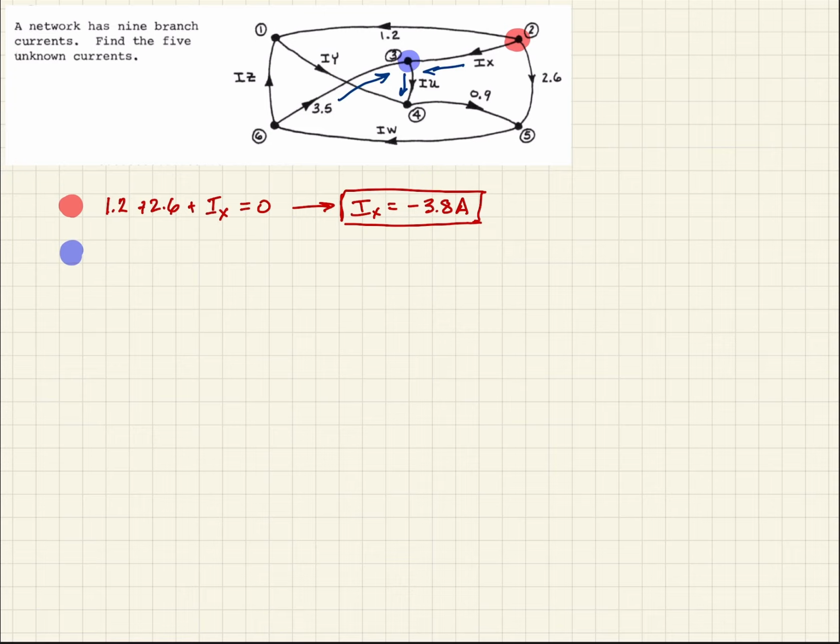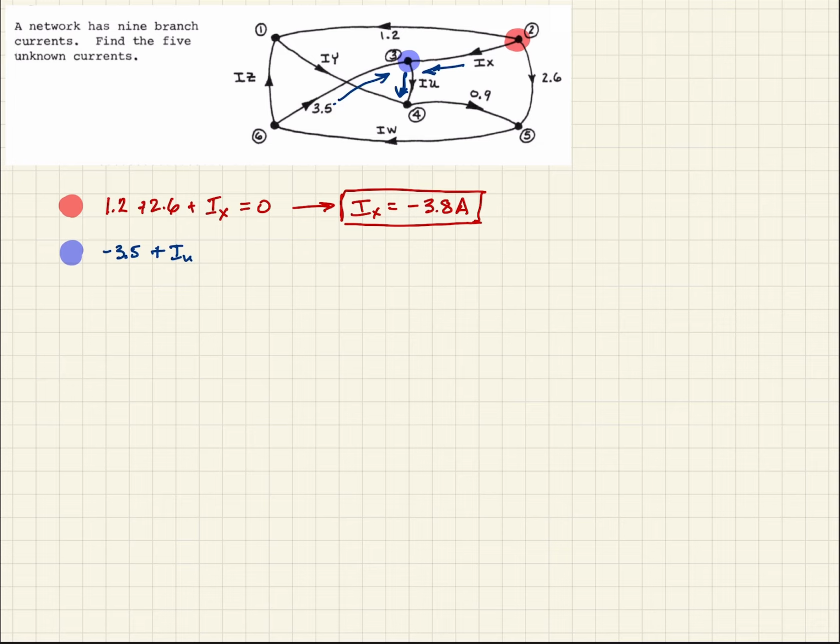Again, we're going to say leaving the node is positive. So we have 3.5 amps going into the node, so that'll be negative 3.5. The negative is just because of the direction. If it was leaving the node, it would be positive, but it's going into the node, so it's negative. Then here we've got I sub u, so that'll be plus I sub u. And then here we've got I sub x.